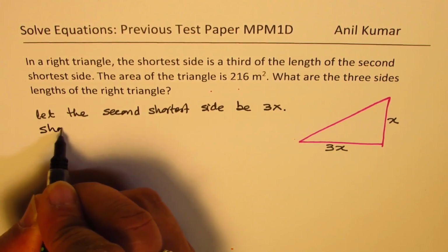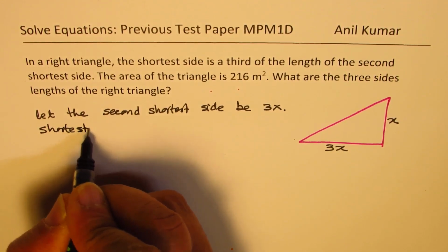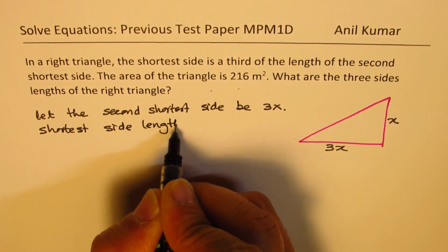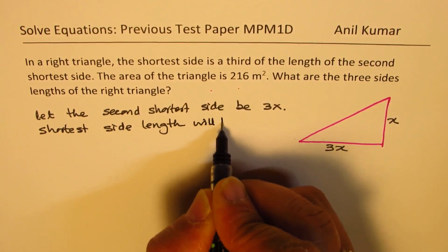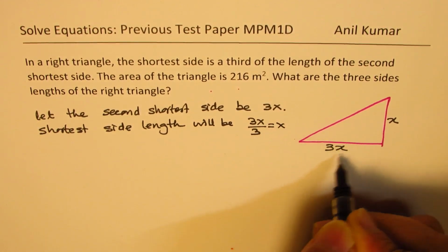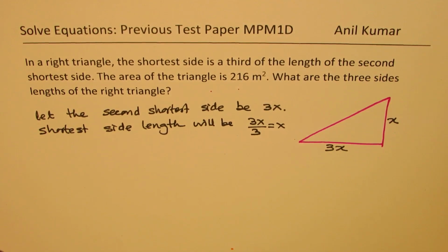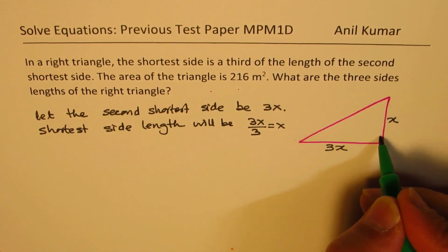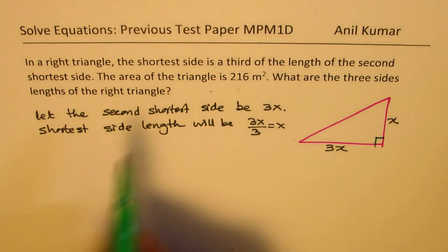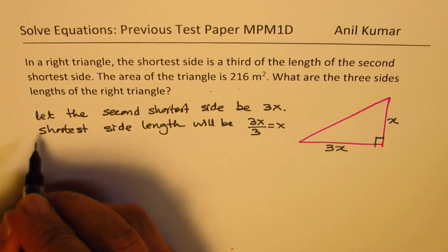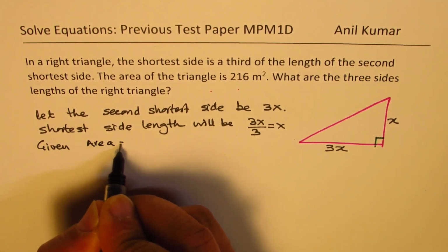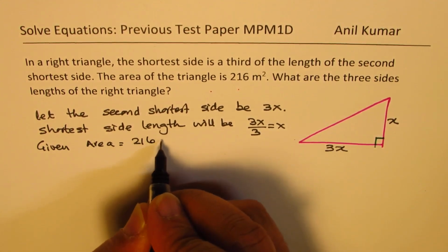In that case, the shortest side will be 1/3 of this, which is x, correct? So that is how we have written. Now this is a right triangle. We are given the area equals 216 meters squared.